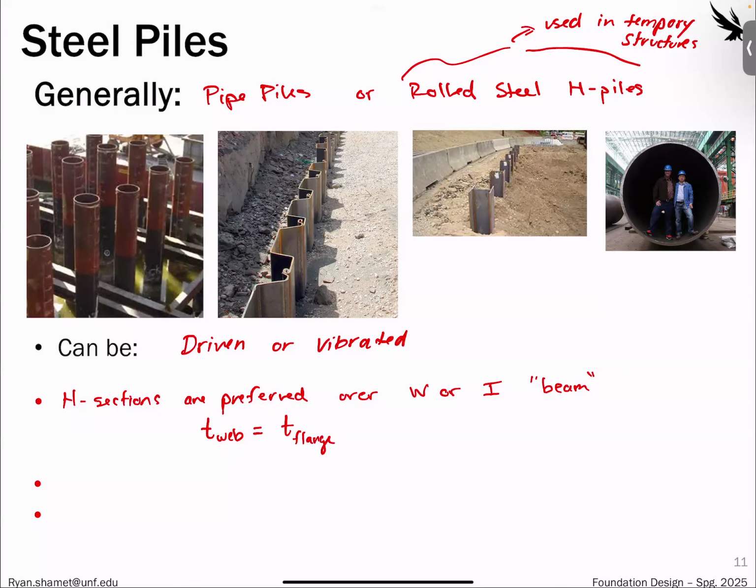So these H's are nice and consistent, and they're easier to make because they don't have the fancy fillets and everything that you need for beams. So they're easier and cheaper to produce, and really you're just using them for axial loading for the most part. And you optimize the friction in between with the shapes, with the geometry the way it is.